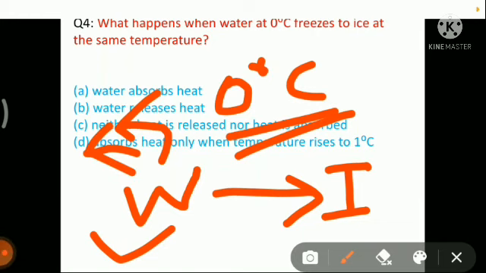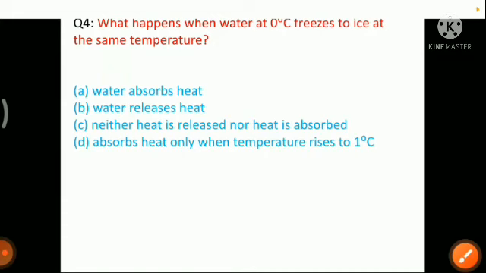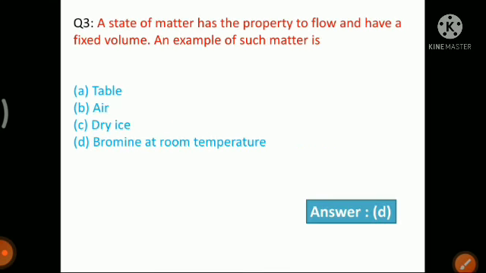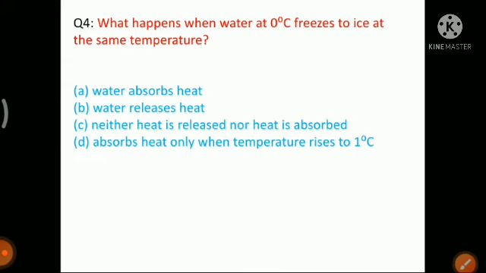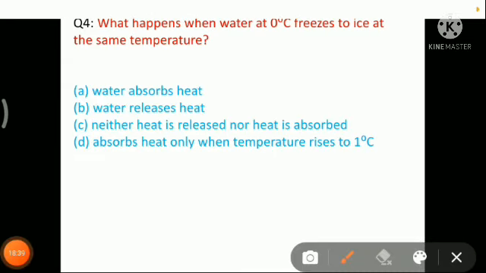It cannot go to ice. So that extra energy is released as heat. The water will release heat. So what is the option that says this? Option B. So option B is the correct answer.